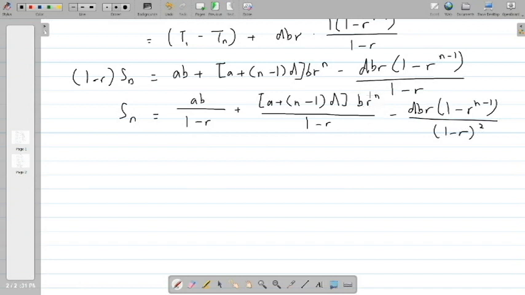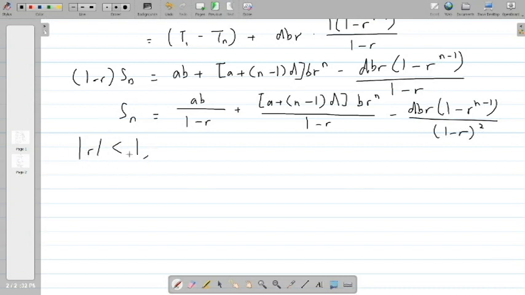this right here is going to go to 0, because as n goes to infinity, and by the way, this works for the same thing. The conditions are exactly the same because we have a geometric progression that's embedded into this progression. So therefore, it's going to have the same conditions as a geometric progression. The condition here is that mod r must be less than 1.